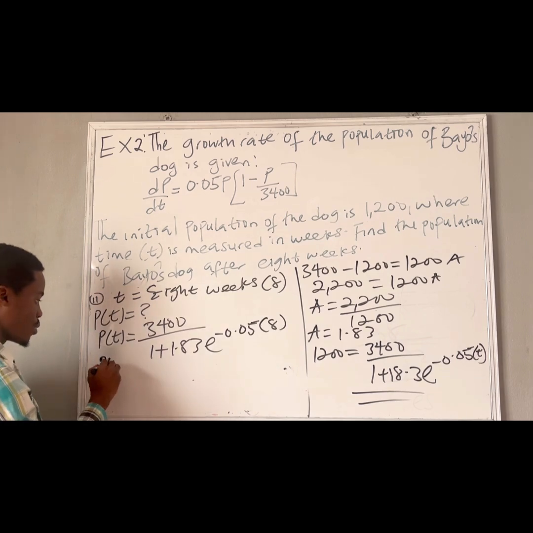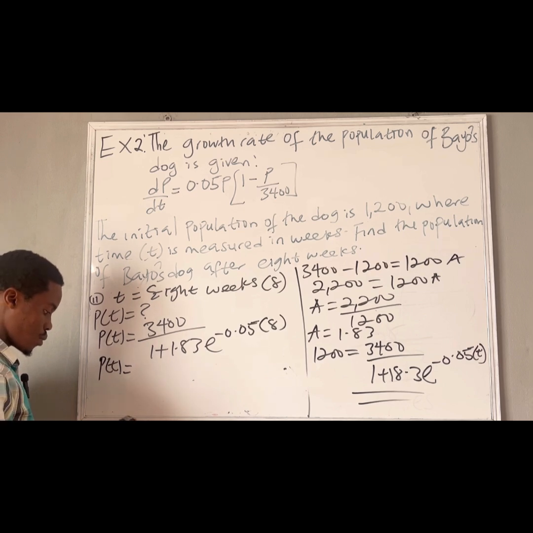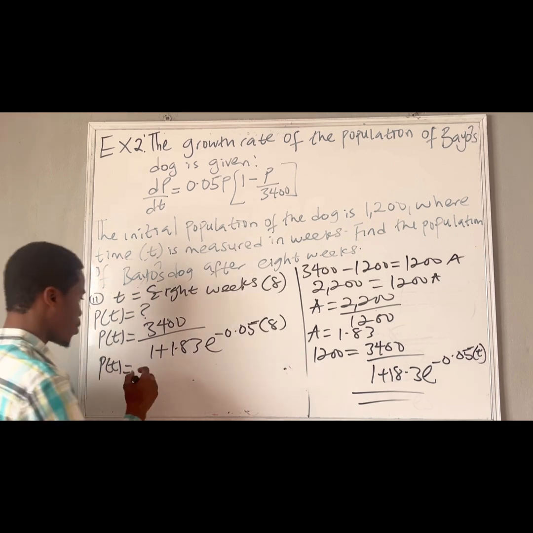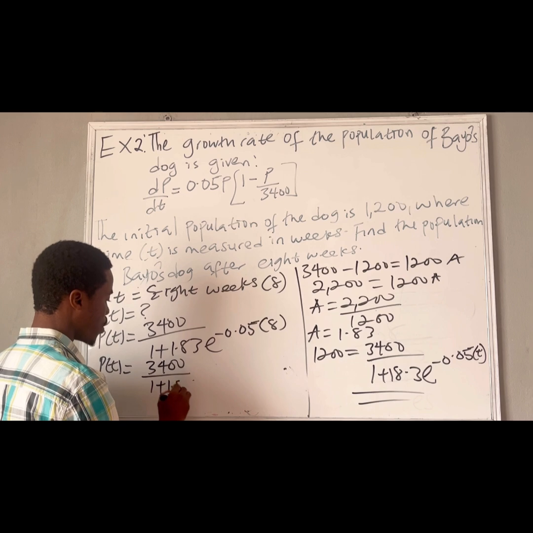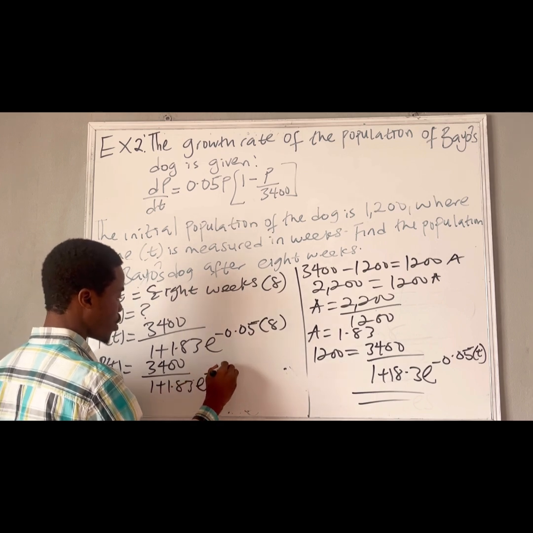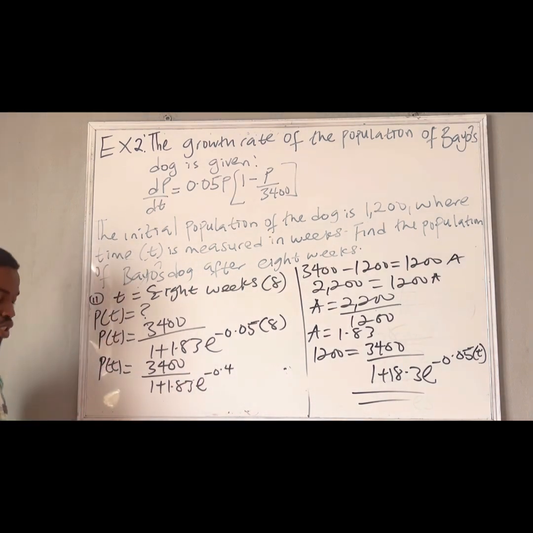We are going to get 0.4. So P of t is 3,400 all over 1 plus 1.83 e to the minus 0.4. So what is e raised to minus 0.4? It is 0.6703.